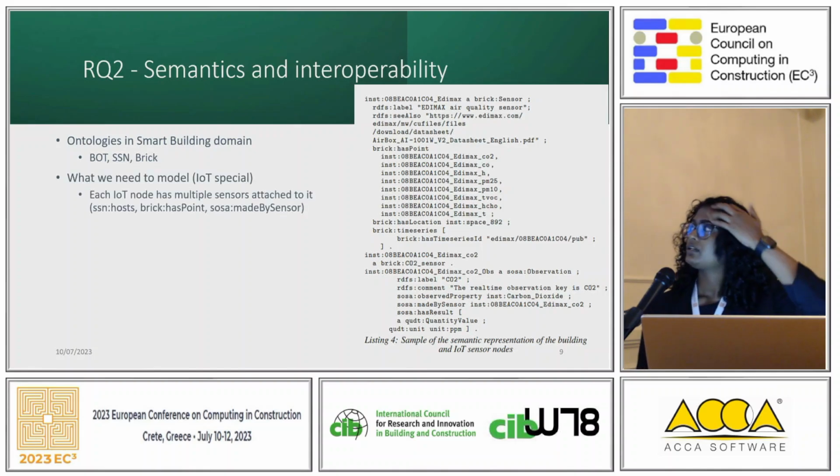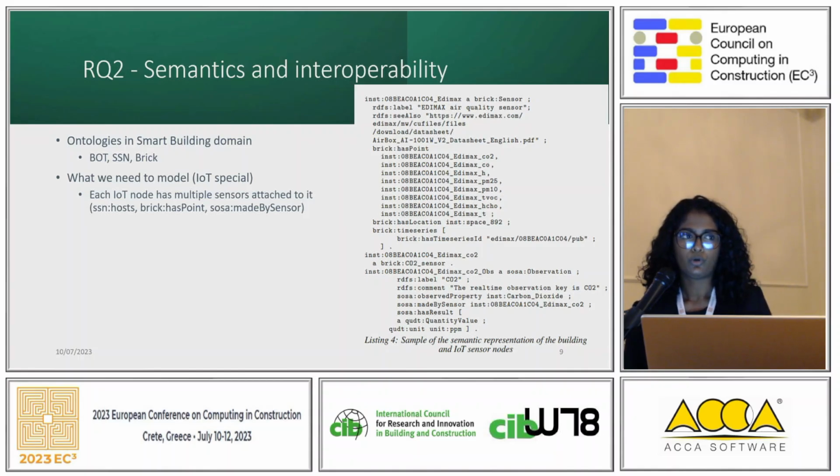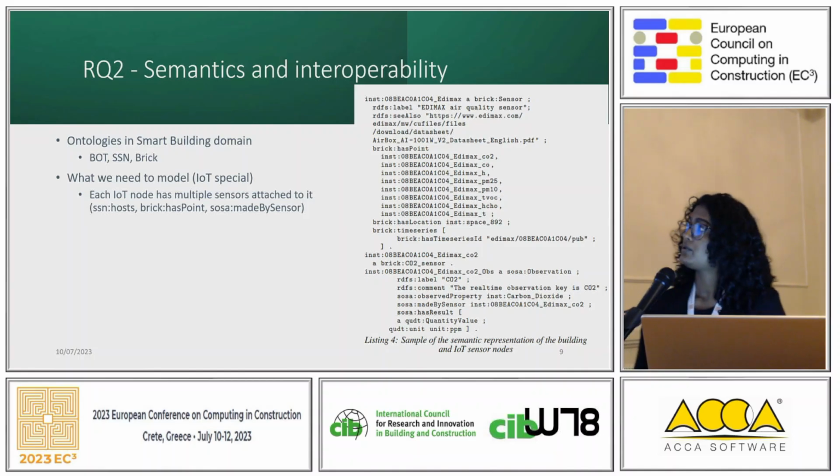And first we need to understand what we actually need to model using these ontologies, because some things are special to IoT. For example, if we take one IoT node, like an air quality sensor, this one measures 8 parameters. So it's one node measuring 8 parameters, so it has 8 sensors. We need a way to model that.